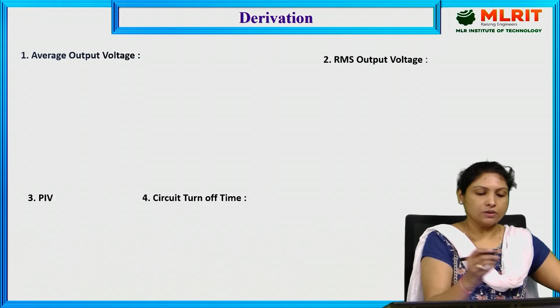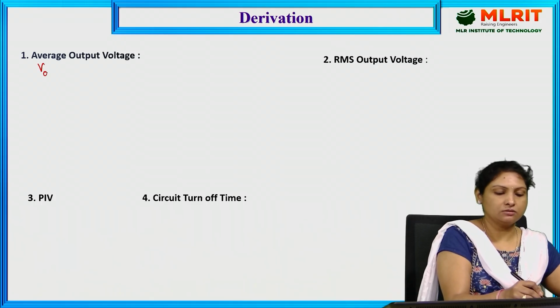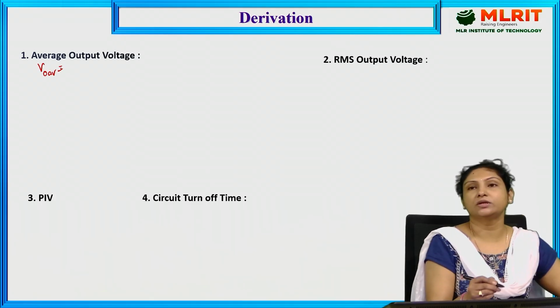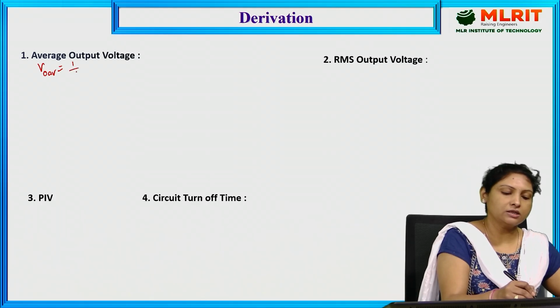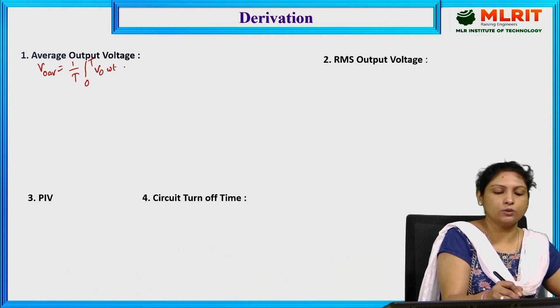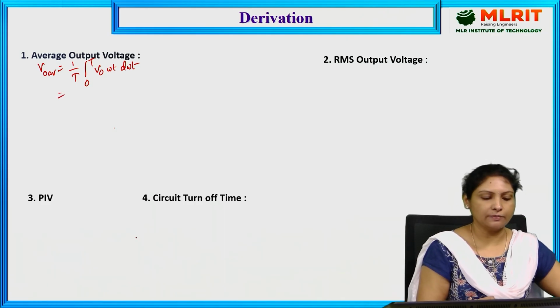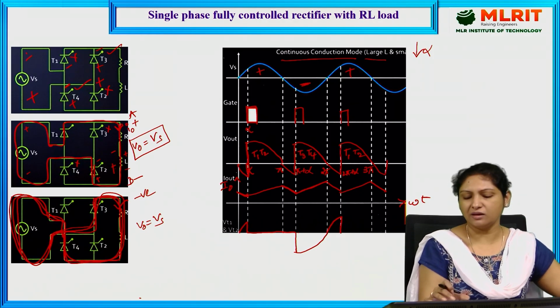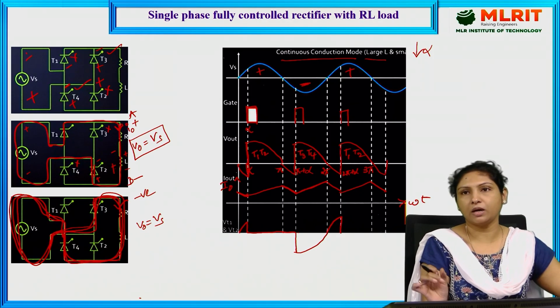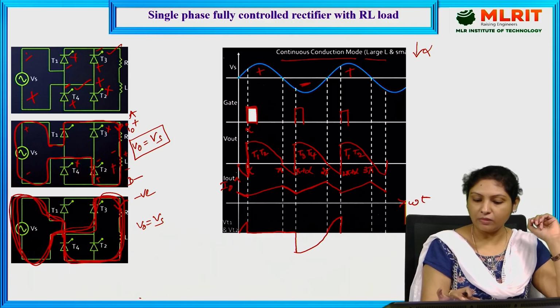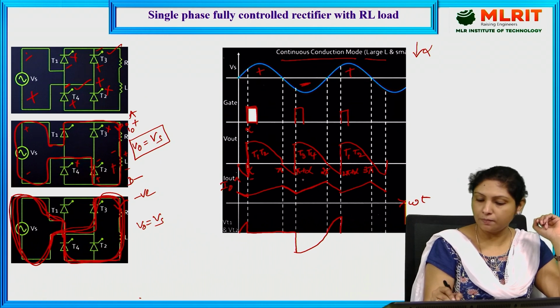Let us see the V0 average expression. The general expression is 1 by T, integral 0 to T, V0 of omega t d omega t. And here, if you see, every similar cycle is repeating for pi, so we will consider the total time period as pi, and it is actually conducting from this instant alpha to pi plus alpha.